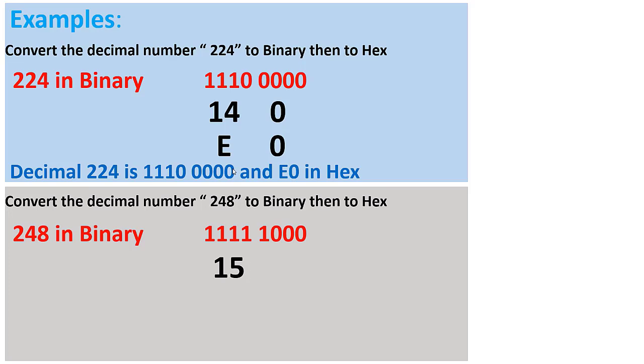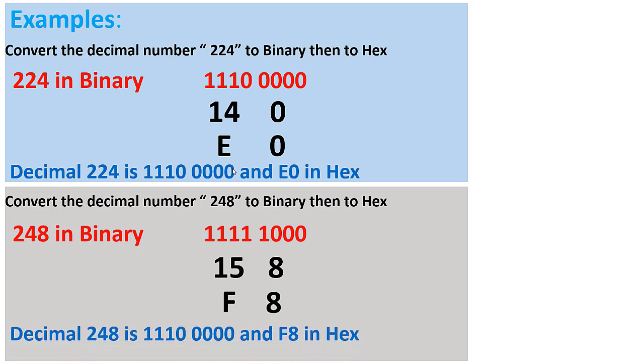So the hex on the left, all bits are turned on, and the value, 1 plus 2 plus 4 plus 8, is equal to 15, and in the hex on the right, the fourth bit is turned on and its value is an 8, so we write it 8. So in hex, the 15 is equal to F, and the 8 is 8. So the decimal number 248 is 1111 followed by 1000 in binary, and in hex, we write it as F8.